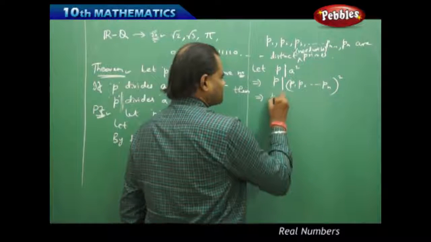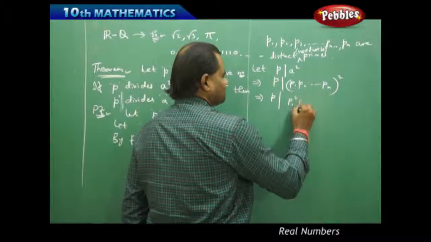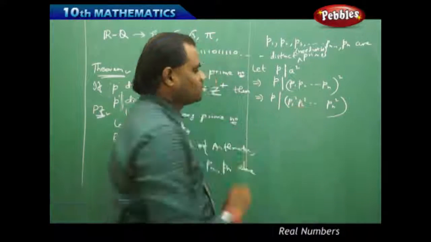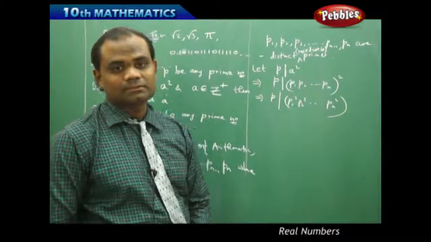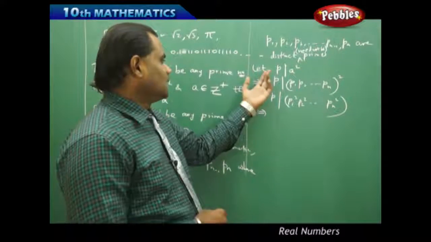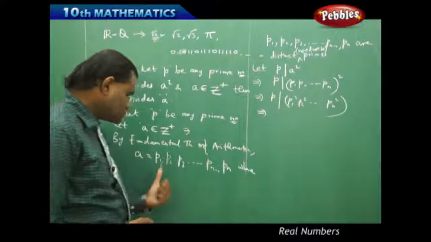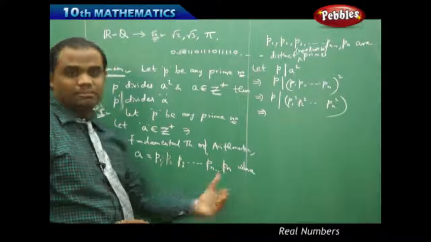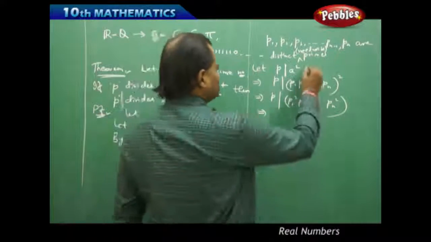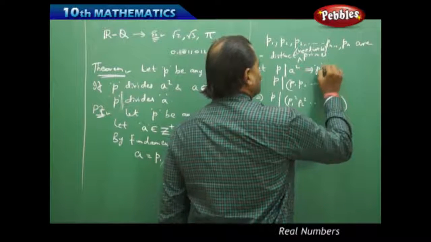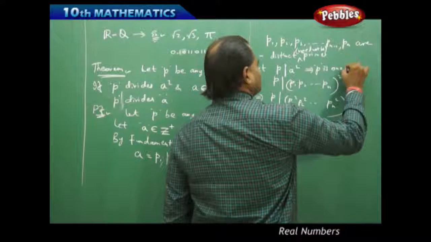That implies P divides p1 square, p2 square till pn square. So I have considered the case where P divides a square. Now because a square is p1 times p2 times p3 till pn, that implies that P is one of the factors of a square.